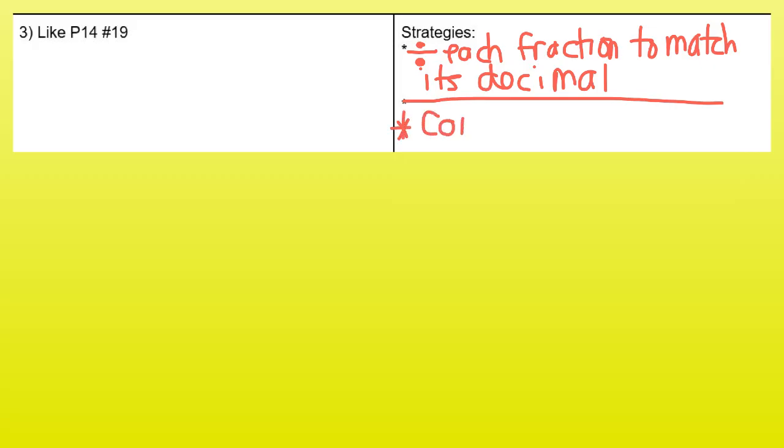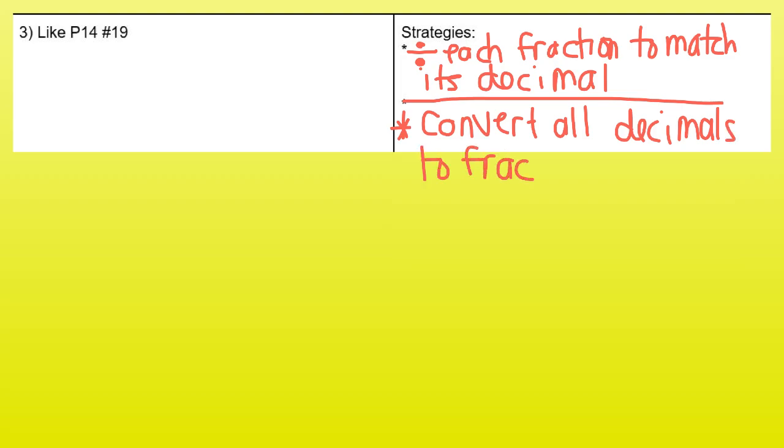You can convert all of your decimals to fractions. Remember, you have 2 ways of doing that. You can use Jade's pattern, or you can use algebra. So in that one, you would take 0.17 repeated, and Jade's pattern says I have 17 on top and 99 on the bottom.